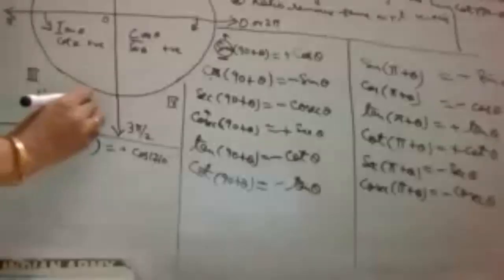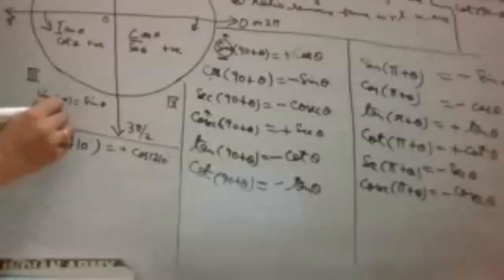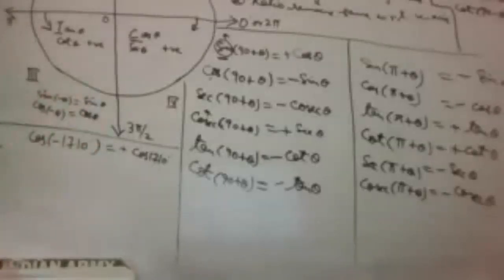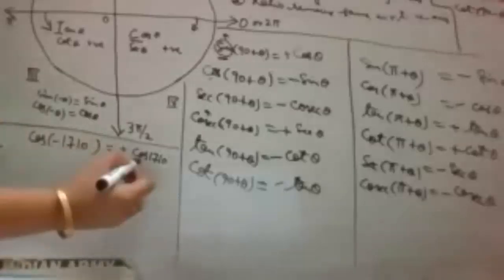Okay, so cos minus theta is equal to cos theta, and sin minus theta is equal to minus sin theta. This is very important. We will be doing the questions. These two are very important. So first of all, we have got this.